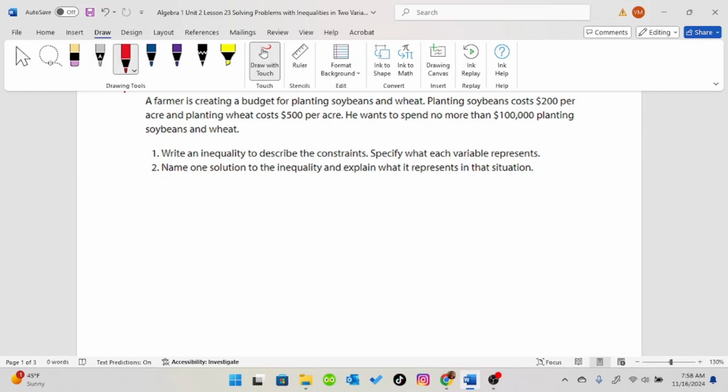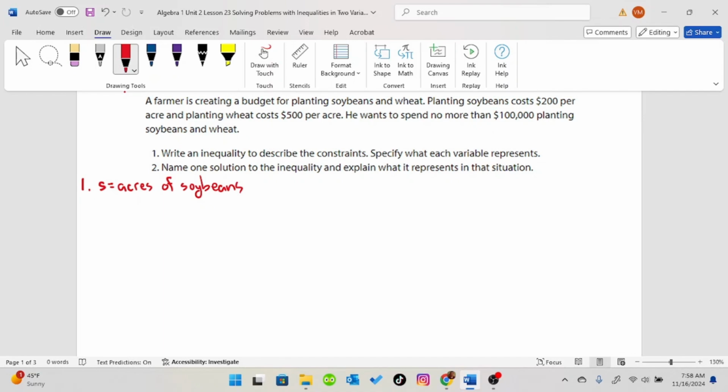So the first variable that I would use in number 1 is S, and that's going to represent acres of soybeans.